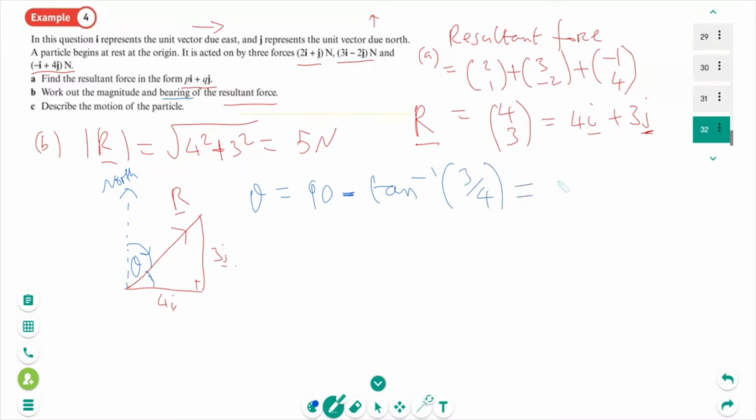Normally bearings are given as three digits, so they like to see 053.1 degrees. That's the bearing.